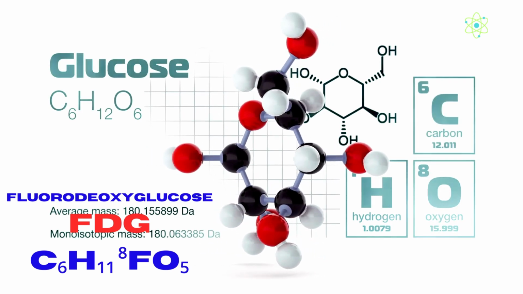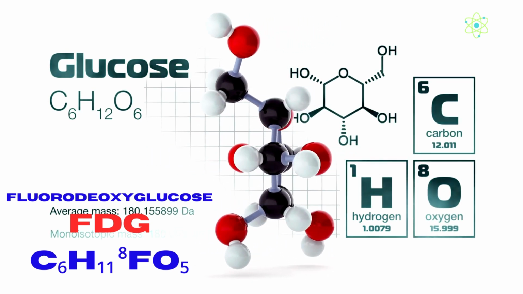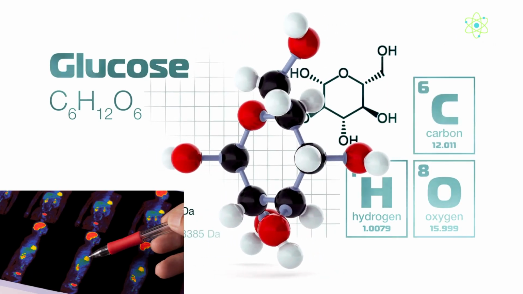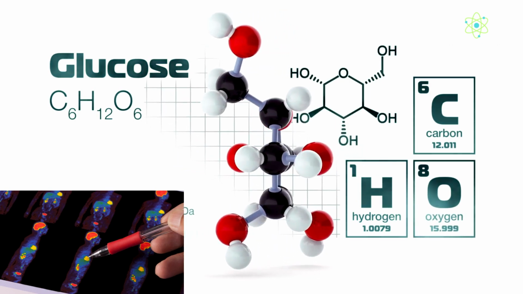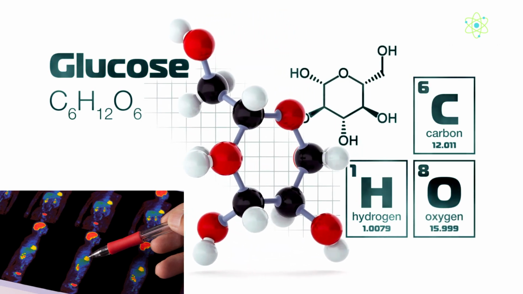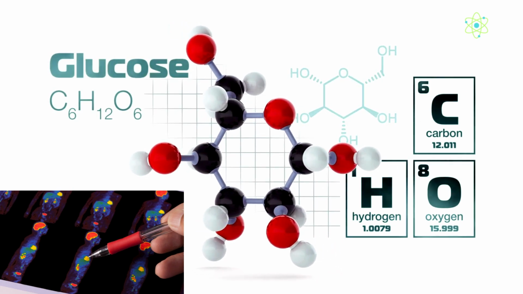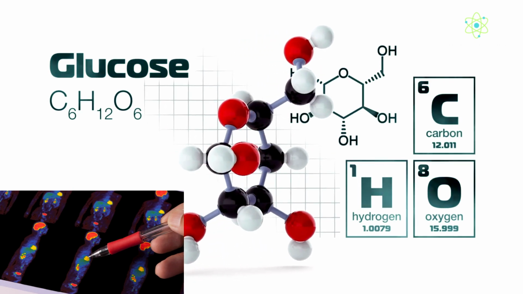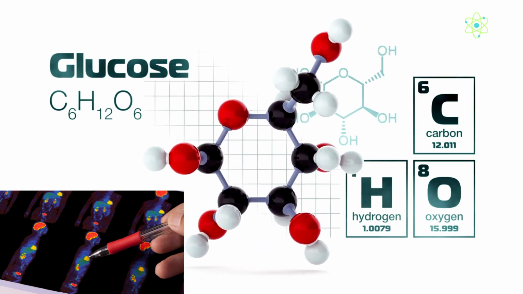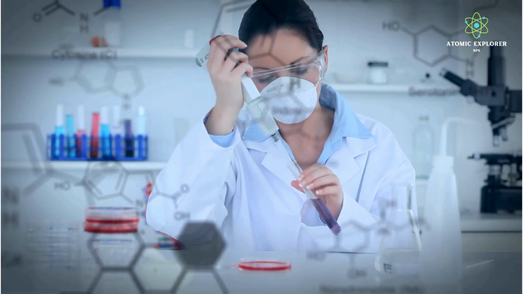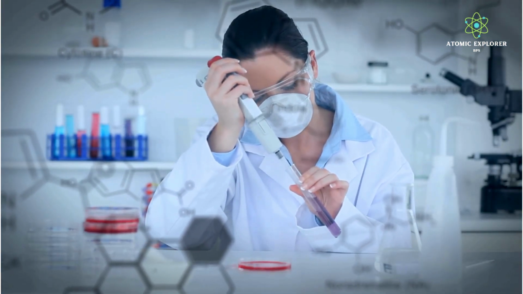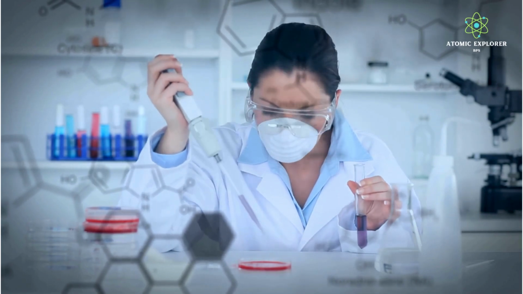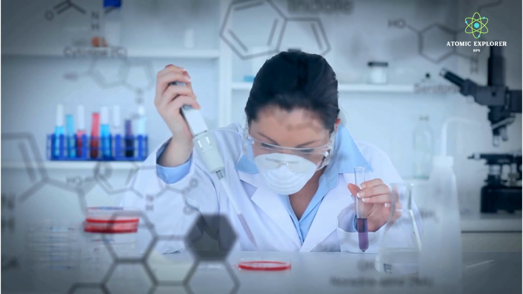Fluorodeoxyglucose, FDG, administered to patients as a radiopharmaceutical compound, is a glucose analog where a hydroxyl group is replaced by a radioactive fluorine-18 atom. This FDG compound mimics glucose in the body and is taken up by the tissues with high metabolic activity, such as tumors and brain tissues.